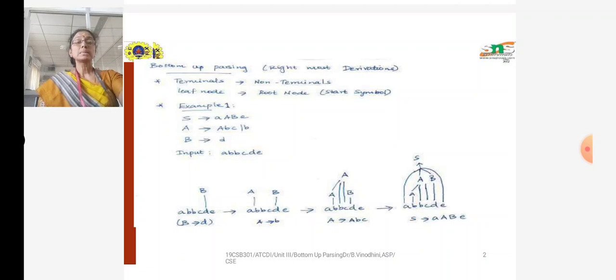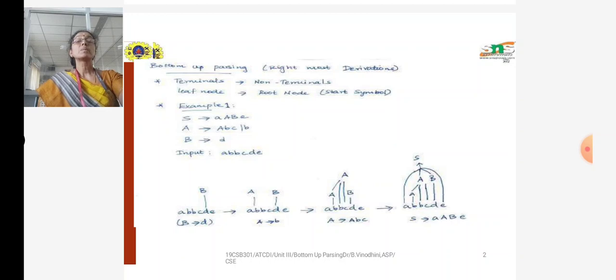Bottom-up parsing is nothing but reducing our input string to the start symbol using parse tree construction. In the parse tree, the terminals are the leaf nodes and the non-terminals are the interior nodes. For example, consider a production like S tends to a A B, a.